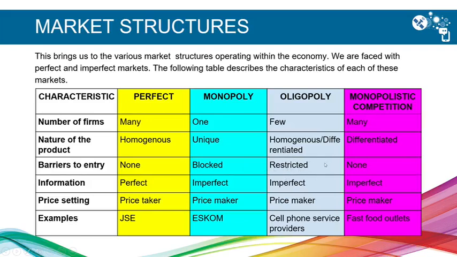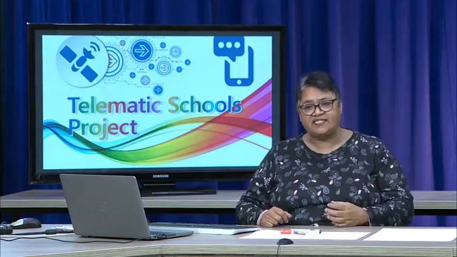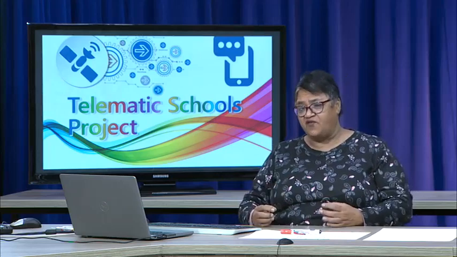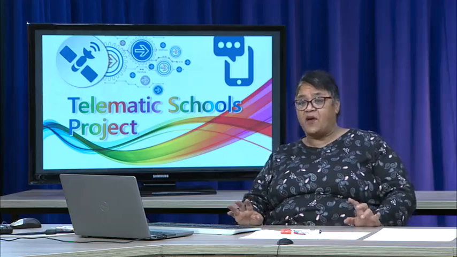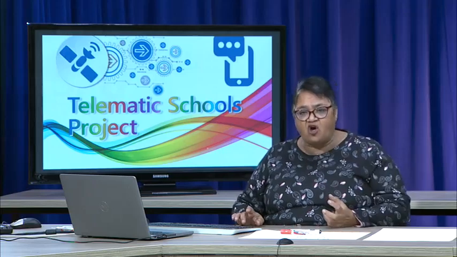And another example can once again be licensing agreements, that restricts people from getting into this market. Information, once again, is imperfect as it was within a monopoly. Not everybody knows everything. And the one thing within an oligopoly market that we find is the concept of technical superiority. So you will find with car manufacturers, remember, there are a lot of people who sell cars, but we don't have lots of people making cars.